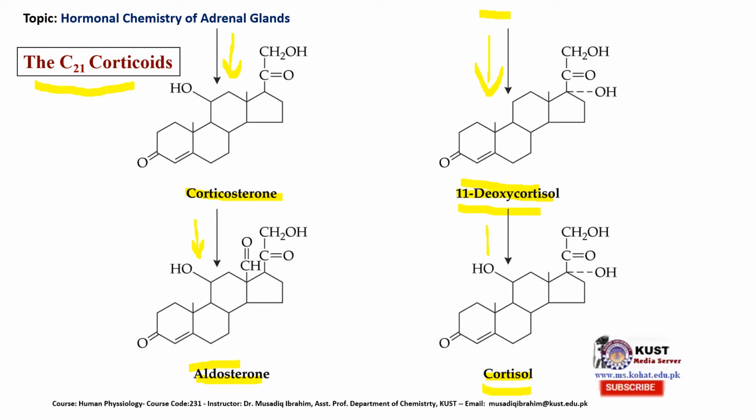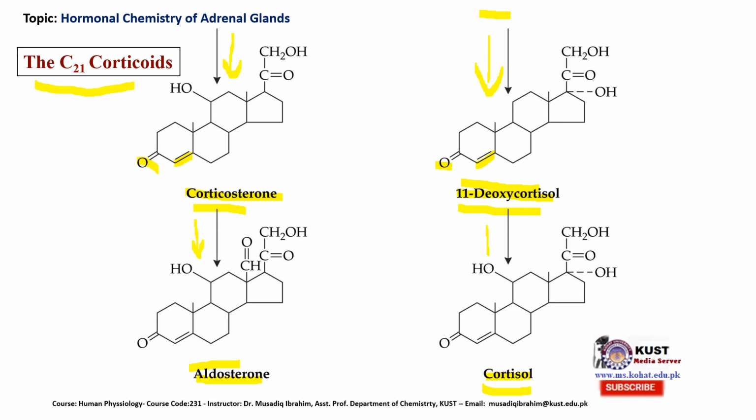Now looking at the structures of these corticoids, you can see that in case of corticosterone, you have a double bonded oxygen atom at carbon number 3. The same is the case in 11-deoxycortisol. Then you have a double bond present between carbon number 4 and 5, and the same is the case in 11-deoxycortisol.